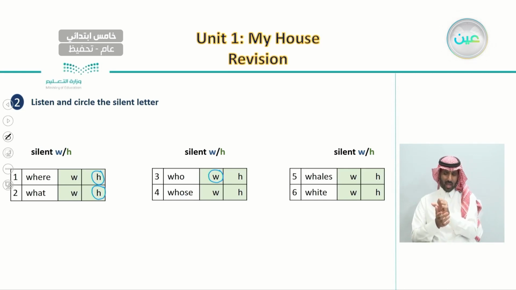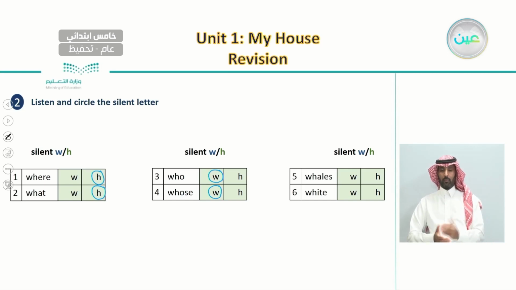The word is whose. Whose. So, what is the silent letter of the word whose? The letter that we don't say in the word whose is also letter W. So here we do circle the letter W.